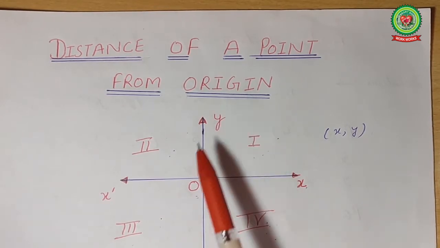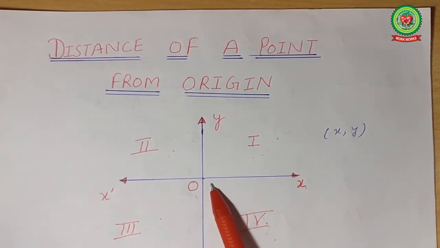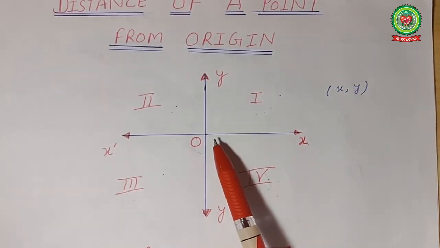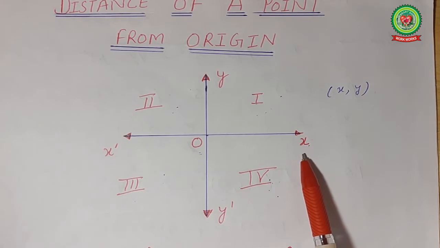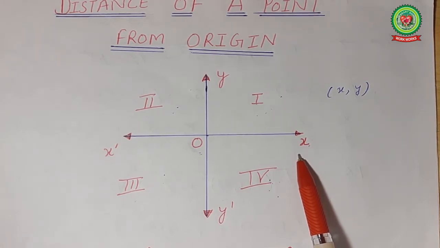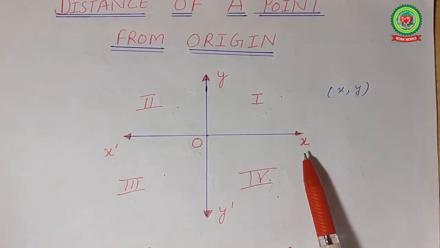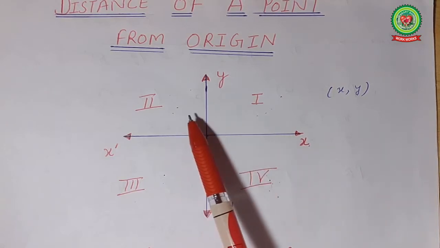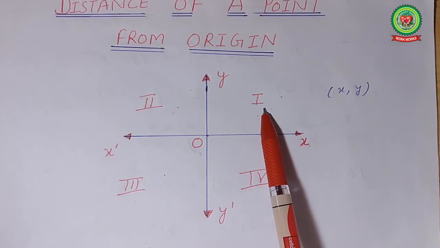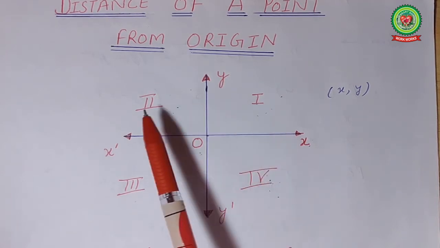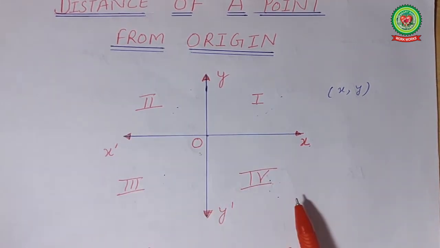Before starting this topic, let's recall a previous lecture topic. We have already discussed axes. There are 2 types of axes, x-axis and y-axis. There are 4 quadrants: first, second, third and fourth.